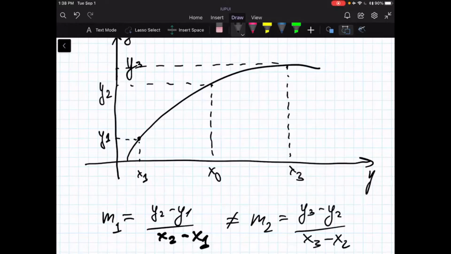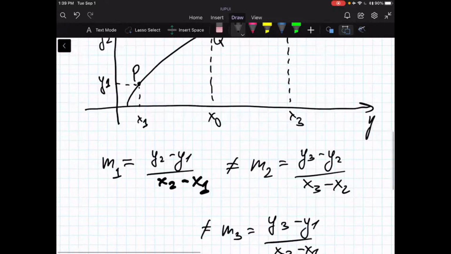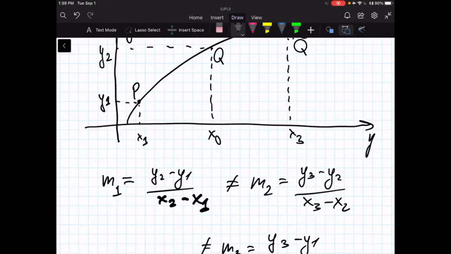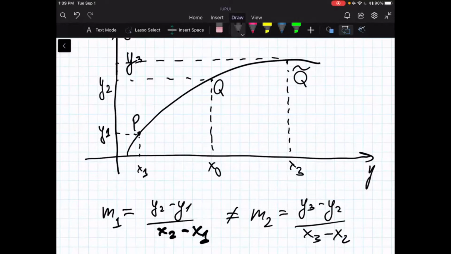So let's call it, say, points P, Q, and Q tilde. So you see that the slope is changing, and it's not even the same as, say, m3 when you choose the first and the last one, y3 minus y1 divided by x3 minus x1. So all these three slopes that you can try to calculate are different, and you can see that the slope is changing when you change the points on your curve.